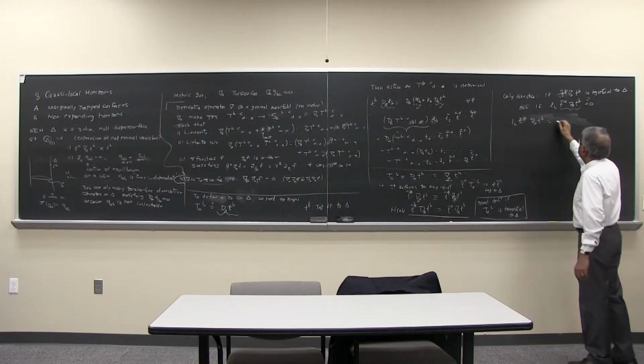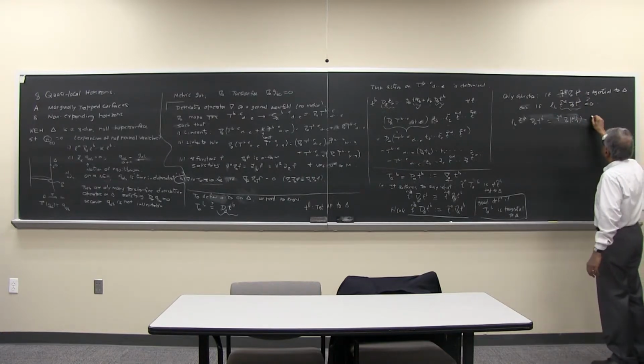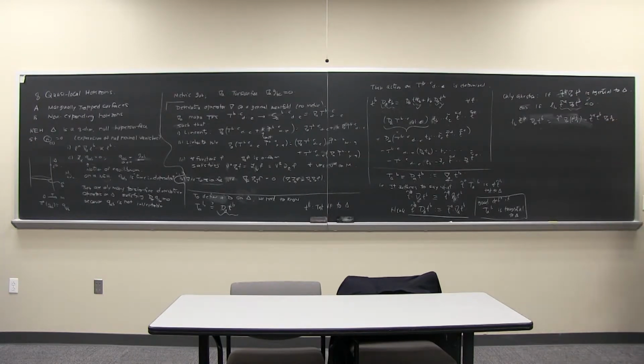I just bring this inside, I get T tilde I grad A TB minus, right? I just use the Leibniz rule, which of course this derivative operator satisfies. But this quantity up here, on the surface, is 0 on delta.